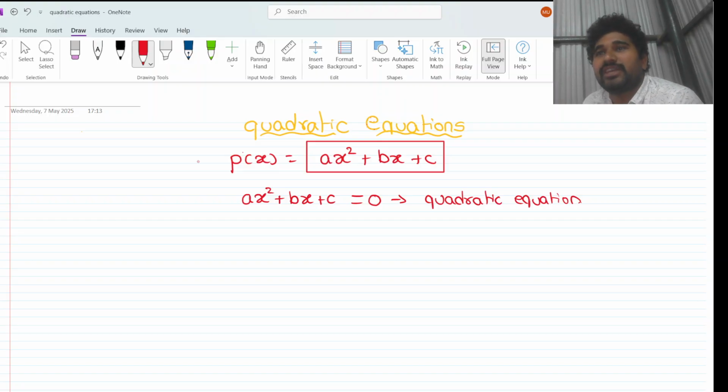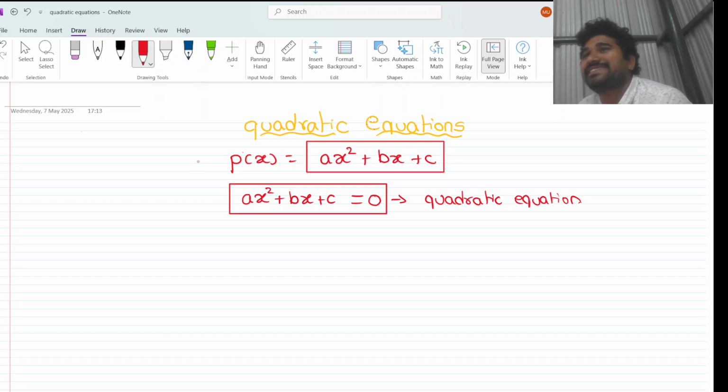So what is the general form of a quadratic equation? ax square plus bx plus c equal to 0. That means how will a linear equation be? The linear polynomial will be ax plus b.